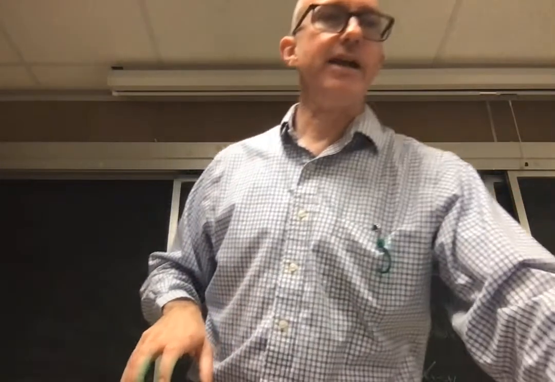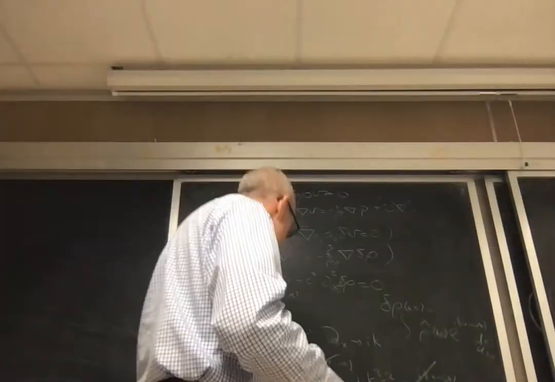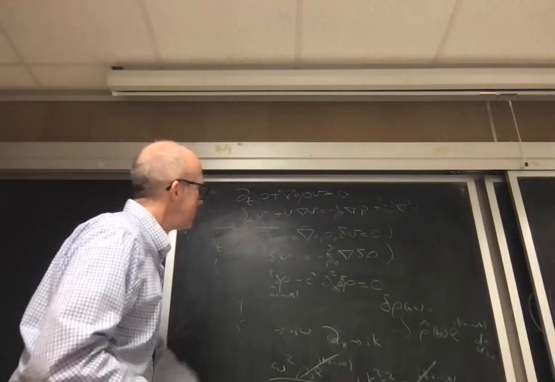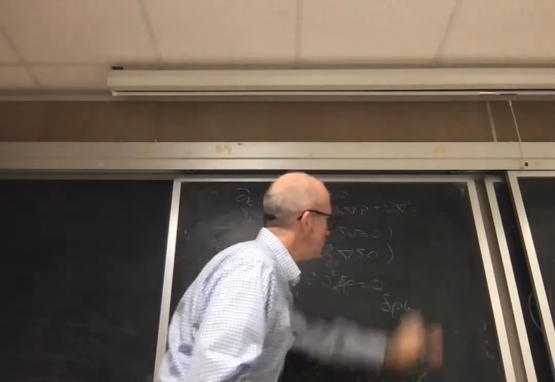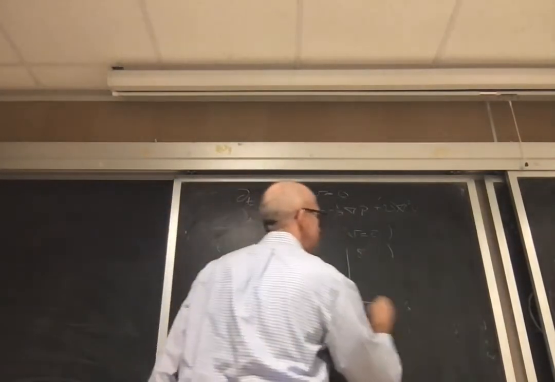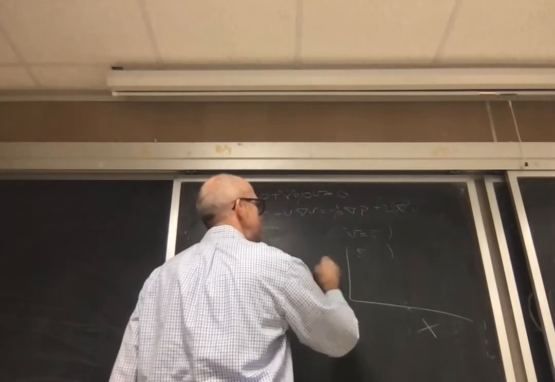So if I've done this in the past, I don't have it off the top of my head right now to give you a great lecture on this, but I'll show you how it basically works. So this is x and this is t.